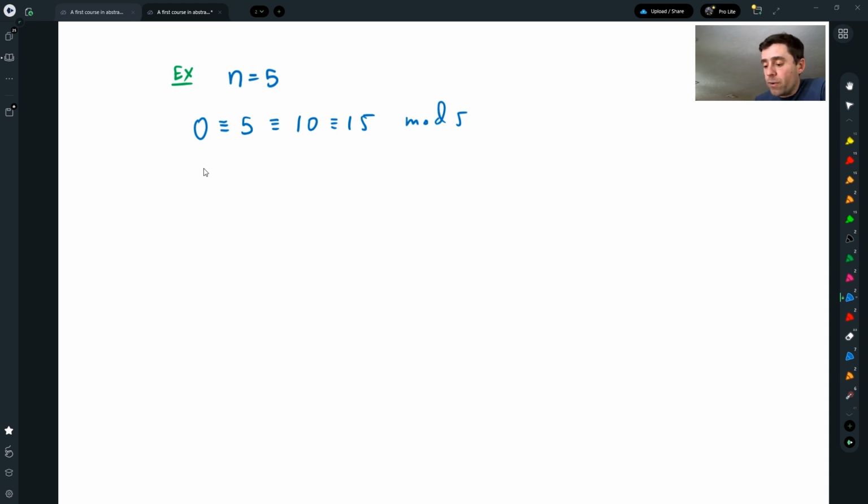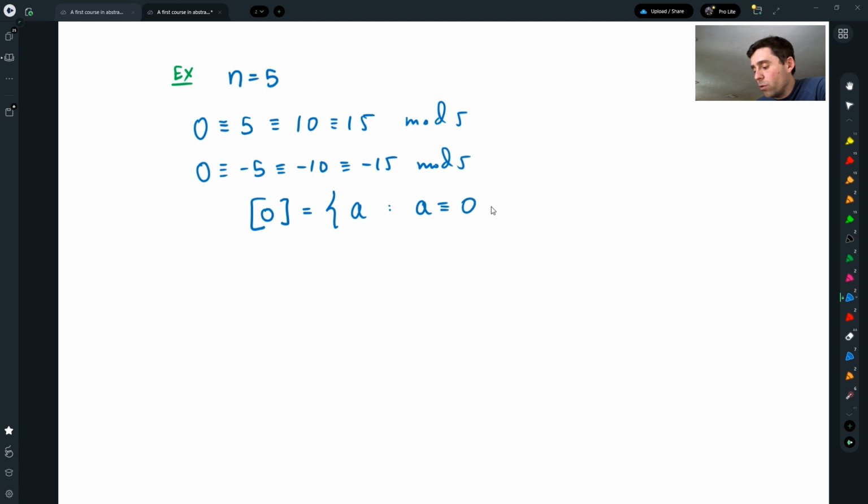Also, 0 is congruent to minus 5, minus 10, and minus 15 modulo 5. So the class of 0 is going to be all the integers a such that a is congruent to 0 modulo 5. These are precisely the multiples of 5, which is sometimes just written 5 times Z.